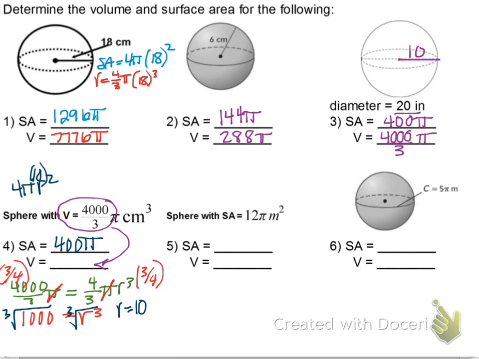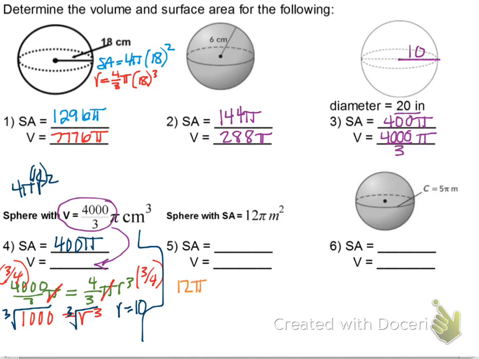Okay, number 5. So here, this is kind of similar, except here they're giving you the surface area instead of the last one gave you volume. And so I am going to use the surface area formula here and set 12 pi equal to that.